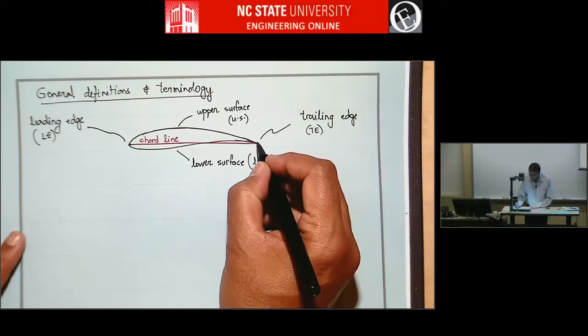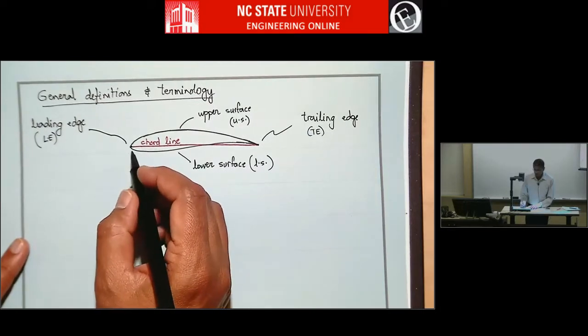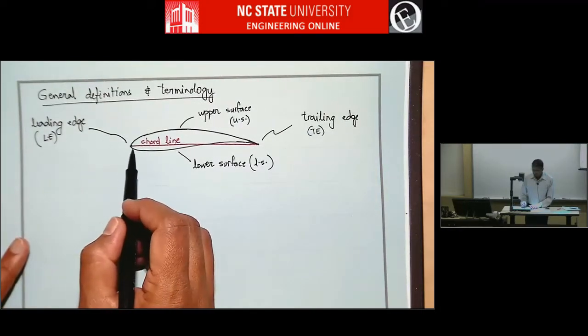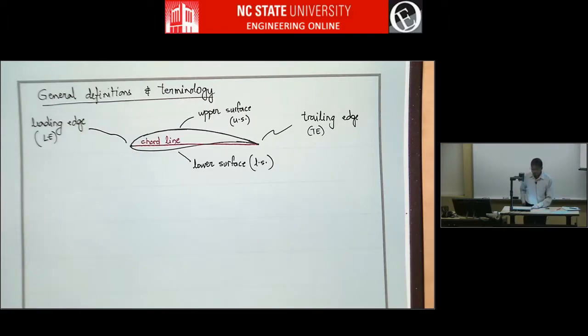Okay, so usually the trailing edge is very well defined and the leading edge is not. How do you choose which point along this rounded edge is the leading edge?